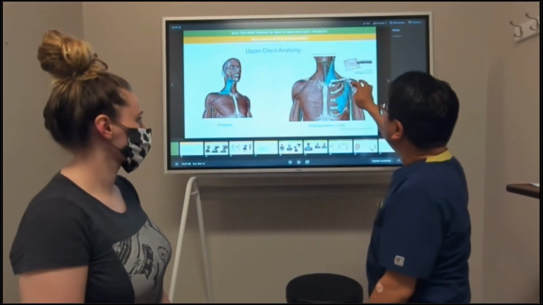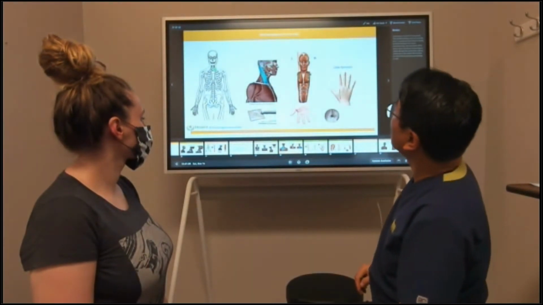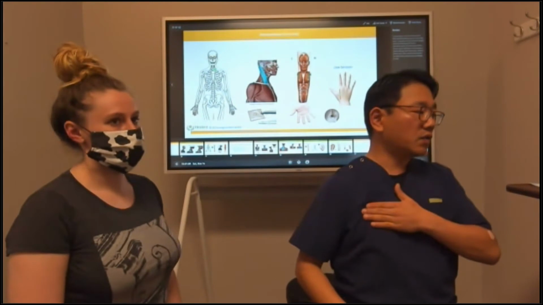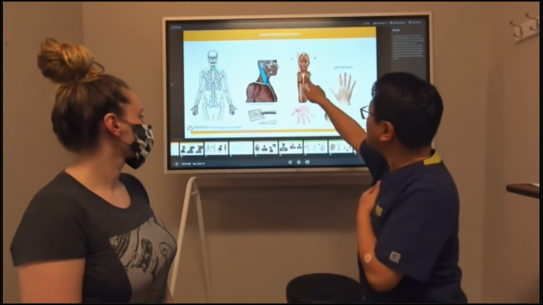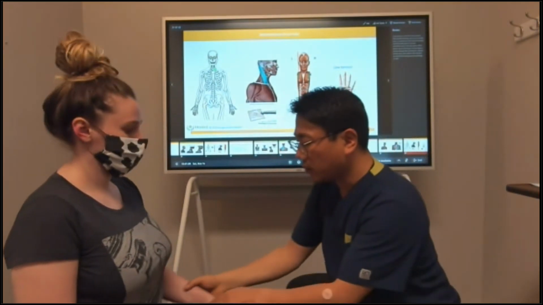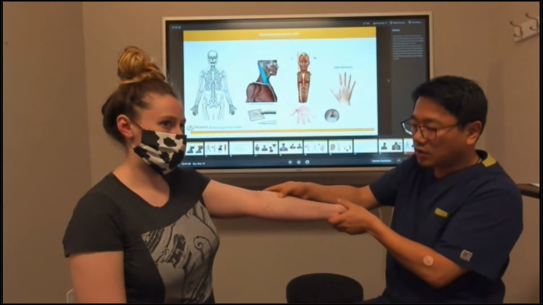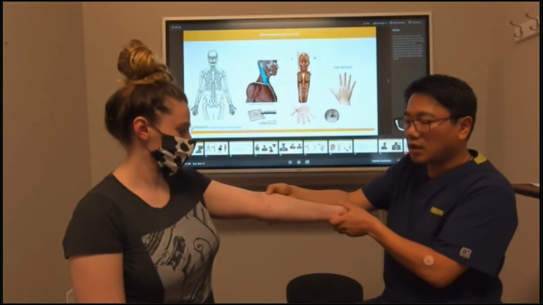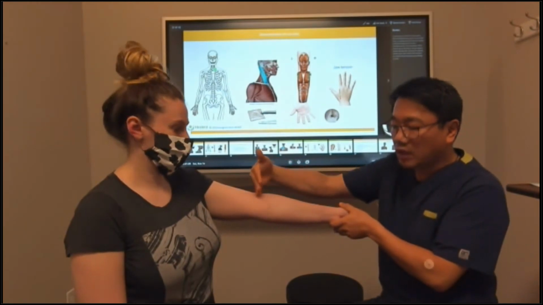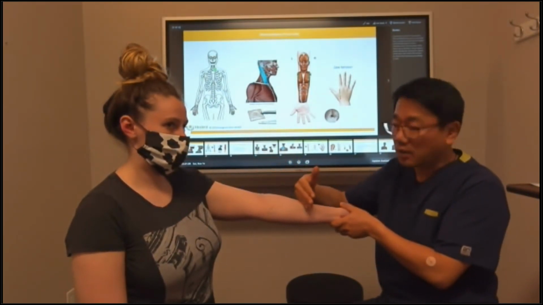So you can apply this to this area. And this is the front side, and you can find a tender point around this area, and you find the tender point over here. It's below the elbow because the chest is below the elbow.